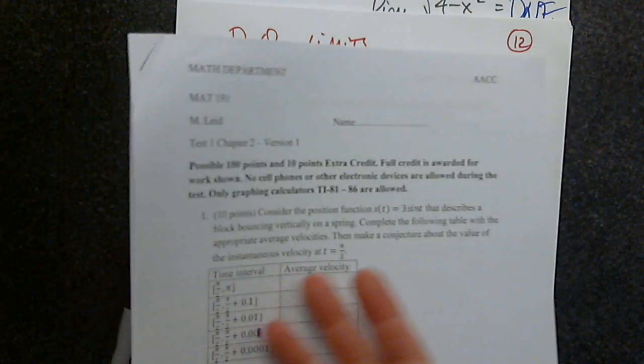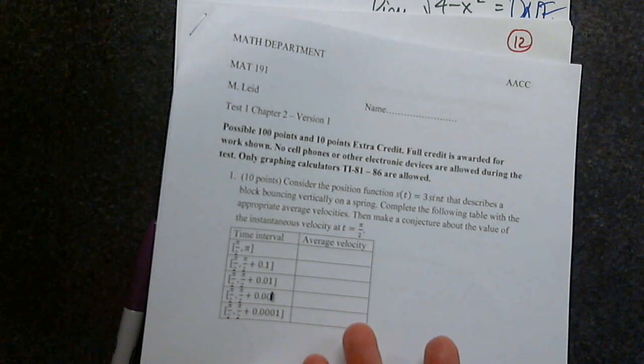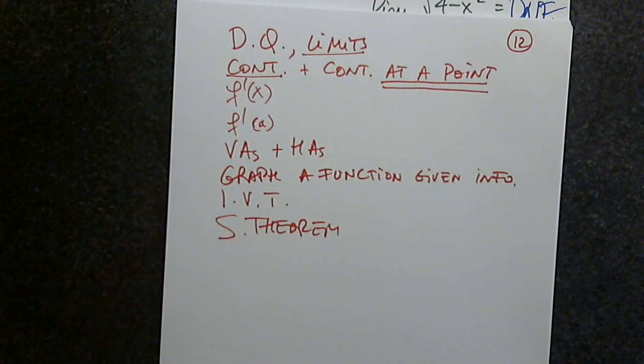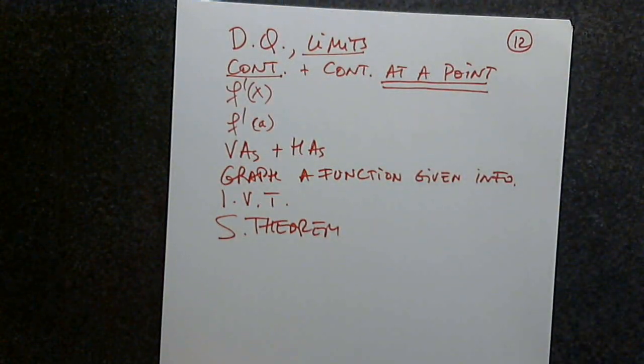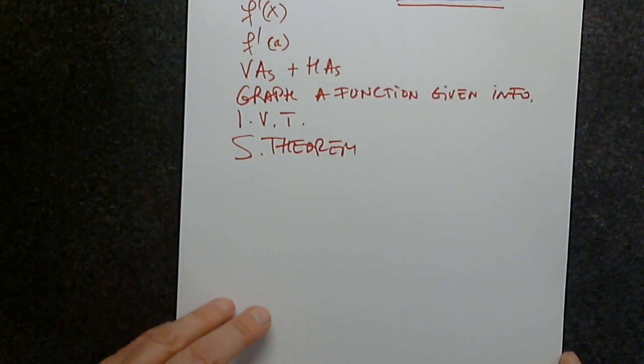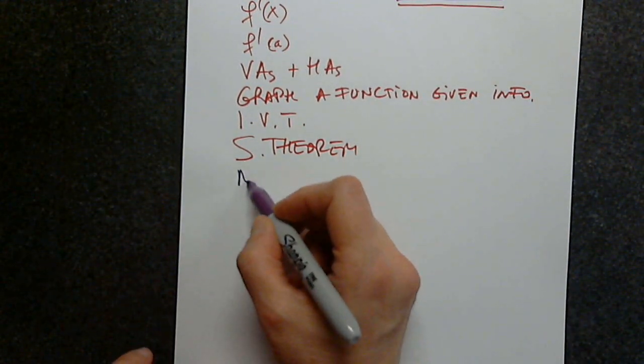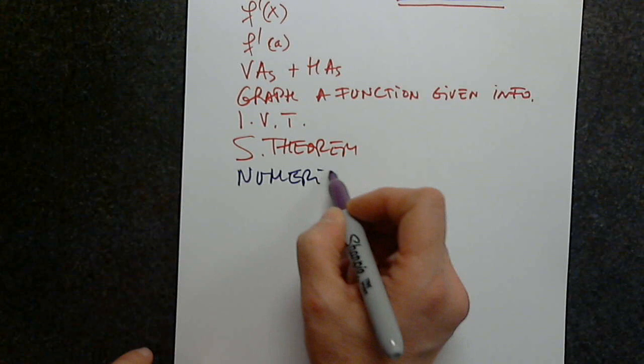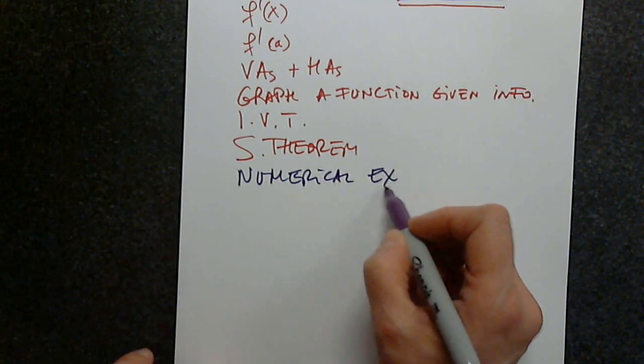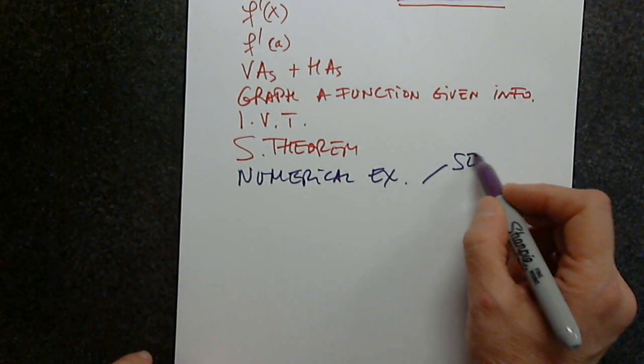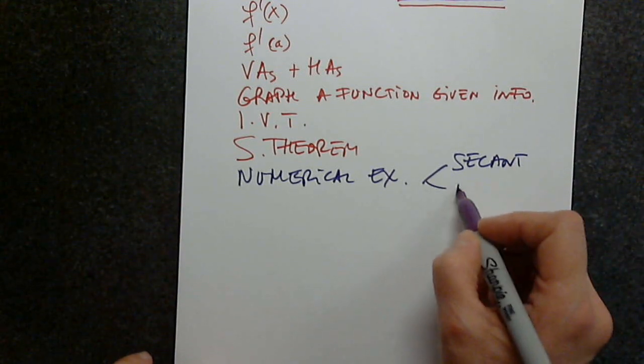a numerical example like this, the very first one that we looked at. That was really the first kind of problem. Numerical example for secant and tangent.